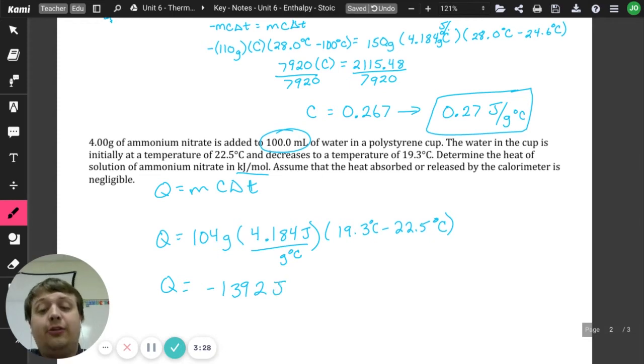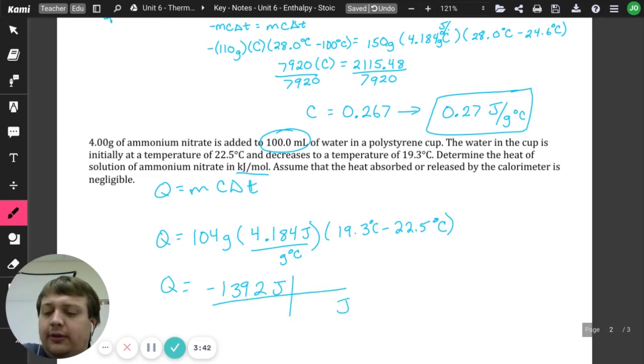But my question asks me for kilojoules per mole. So first thing I should do is convert my joules into kilojoules. For every 1 kilojoule, there is 1,000 joules.